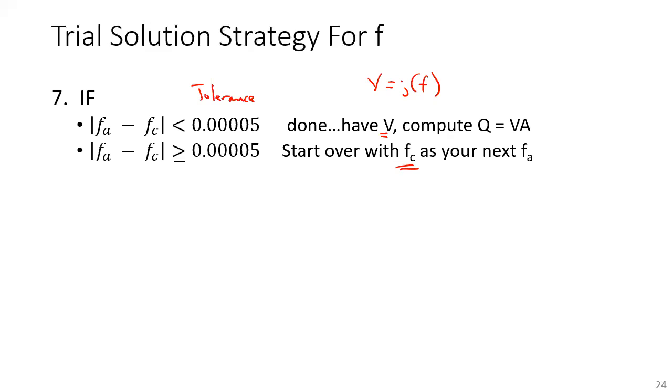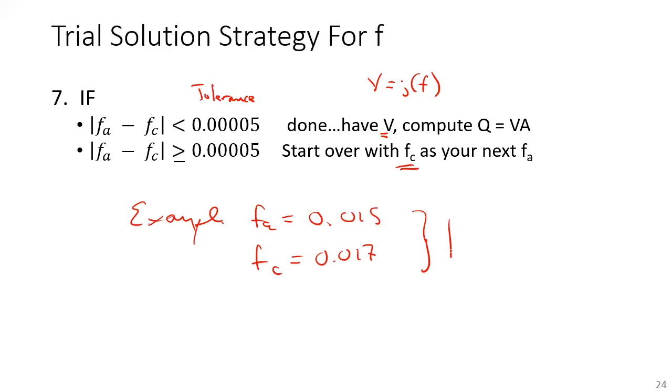So for example, let's say you assumed a friction factor of 0.015. You computed a friction factor of 0.017. That means that the absolute value of FA minus FC is equal to 0.015 minus 0.017, which is 0.002.